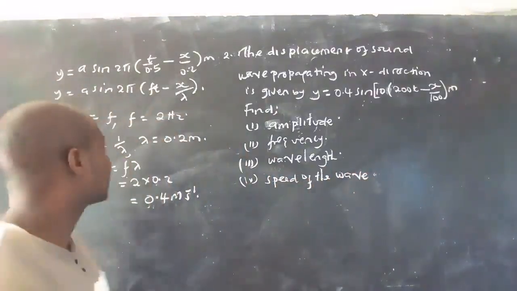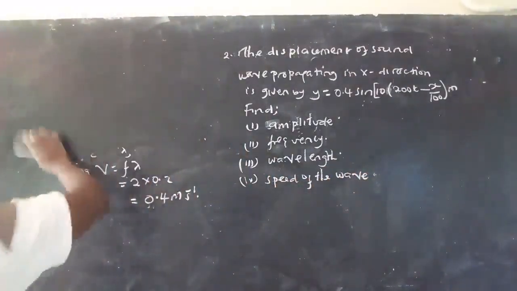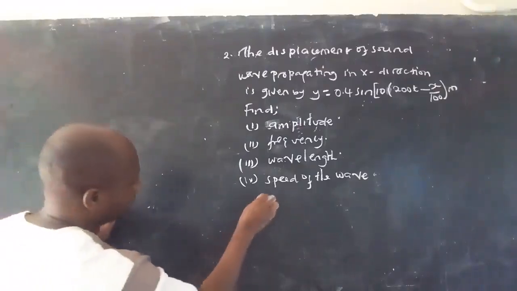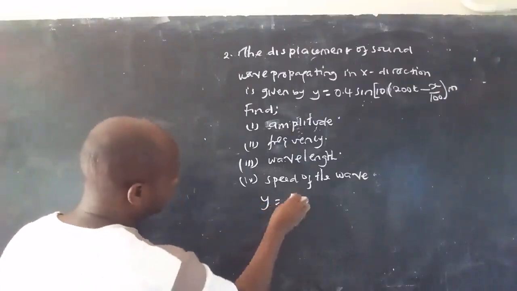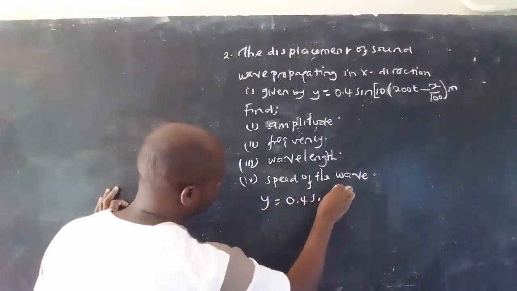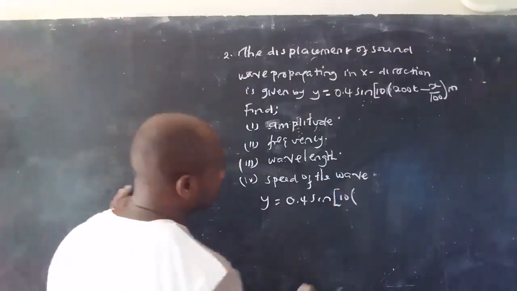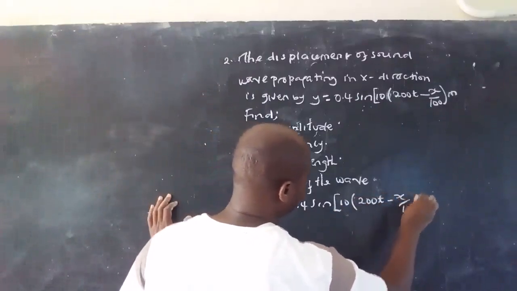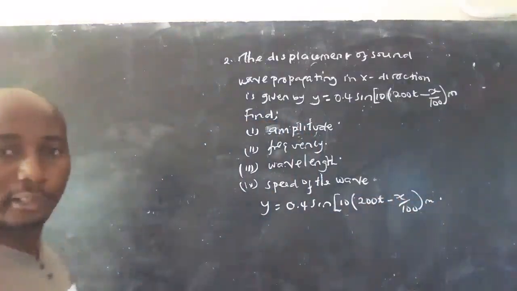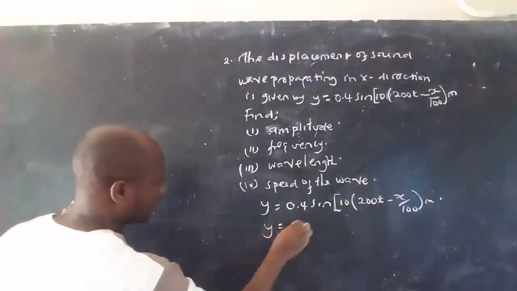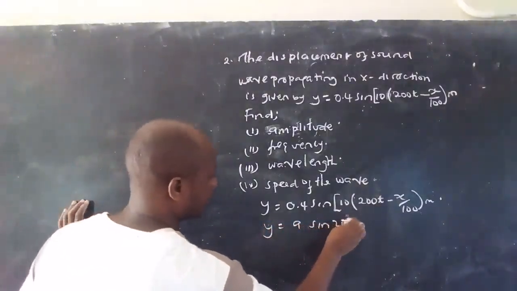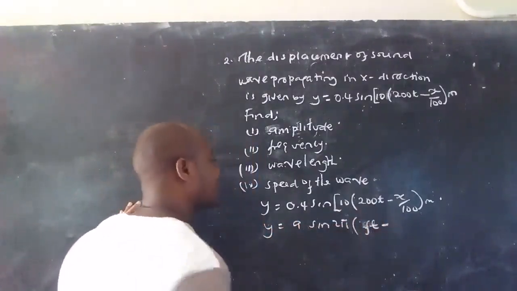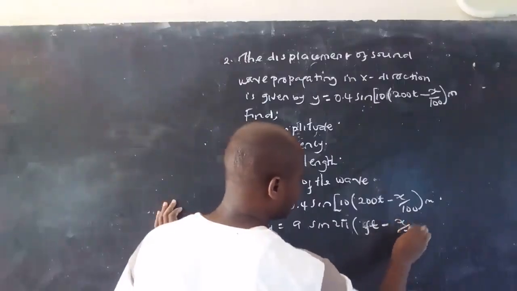Speed of the wave. So the equation given is y is equal to 0.4 sine of 10 into 200 t minus x over 100 meters. The general equation says y is equal to a sine of 2 pi into ft minus x over lambda.